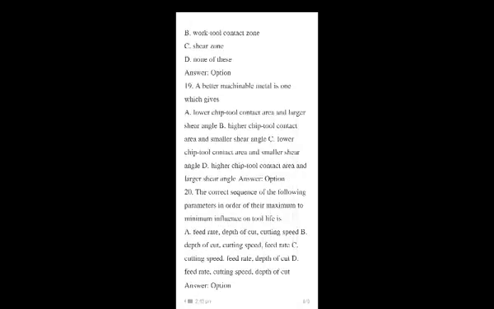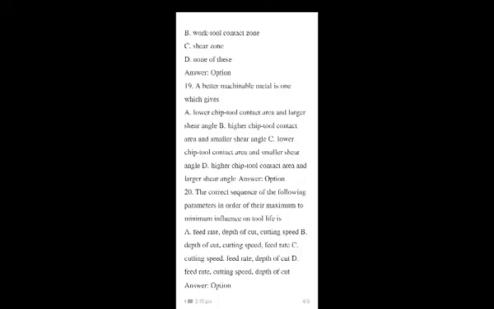A better machinable metal is one which gives lower chip tool contact area and larger shear angle. Okay, so for question number 19, option A is correct. Now question number 20, the correct sequence. Okay, so here the option C is correct, cutting speed, feed rate and depth of cut.